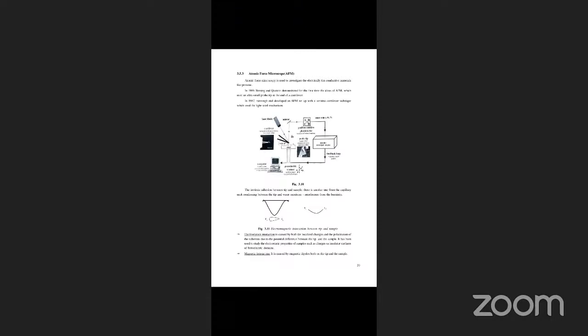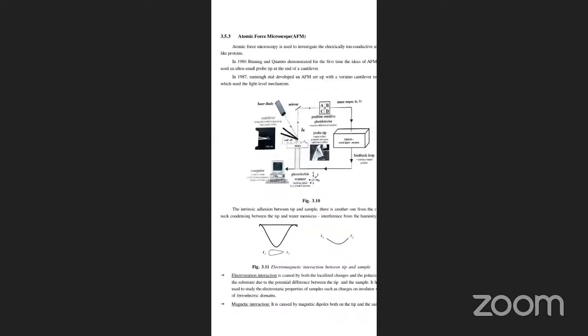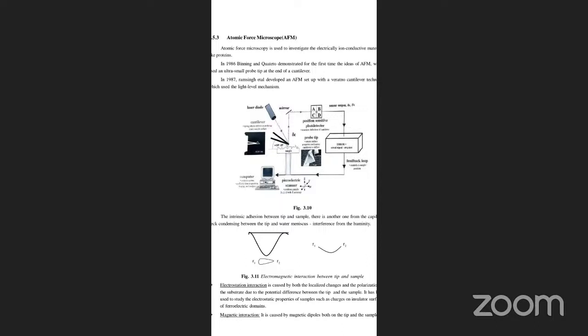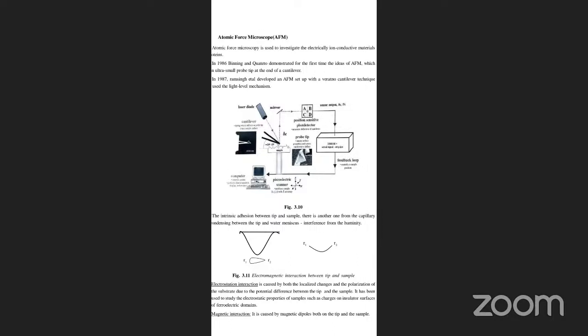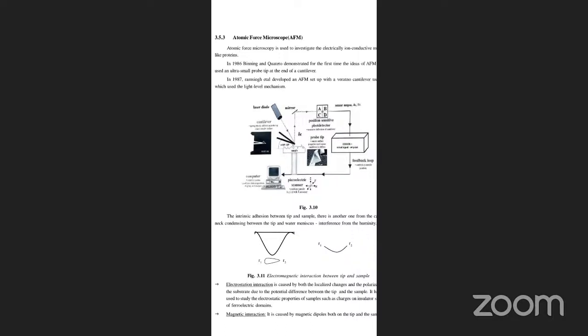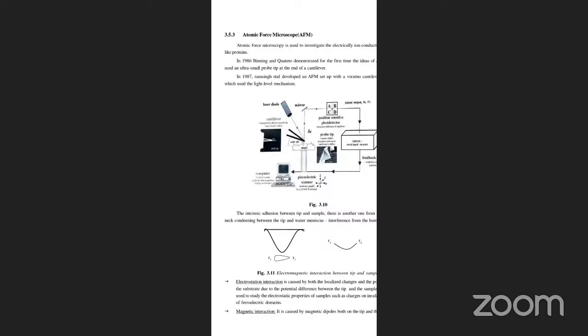Next, atomic force microscope. Atomic force microscope is used to investigate electrically non-conductive materials like proteins. In 1986, Binnig and Quate demonstrated for the first time the idea of AFM, which used an ultra small probe tip at the end of a cantilever.